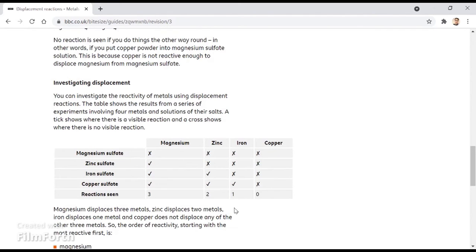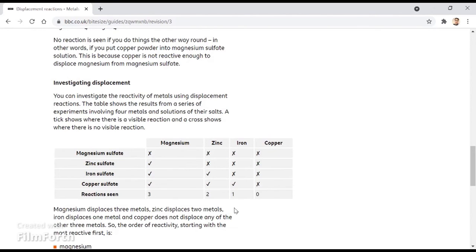For example, if magnesium, zinc, iron and copper metals are separately reacted with aqueous solutions of their sulfates, the following results are obtained, shown in the table.